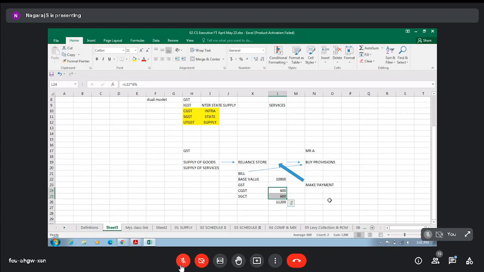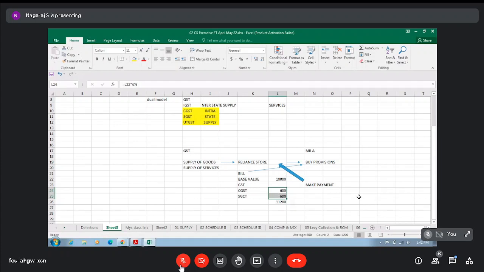Understand the logic? Here there is a concept of forward charge and reverse charge mechanism. I am just explaining what is forward charge and reverse charge, because I need it for import. Please listen carefully. You will make the payment to Reliance stores including GST, the GST amount being 1,200 in this case. The GST amount will be collected by Reliance stores, and Reliance stores will make this GST payment to the government.